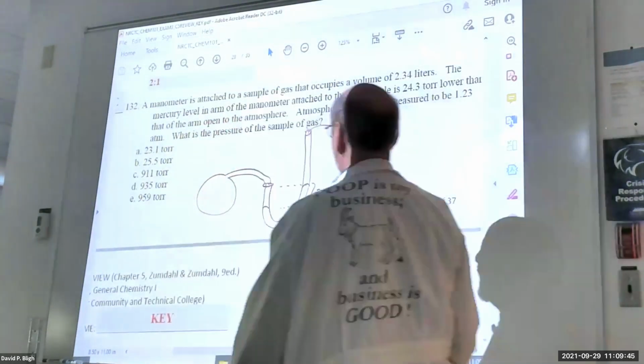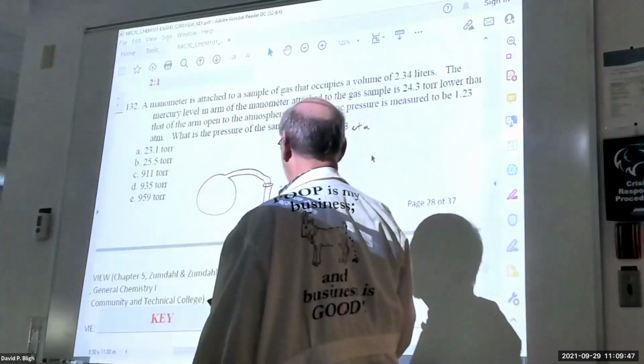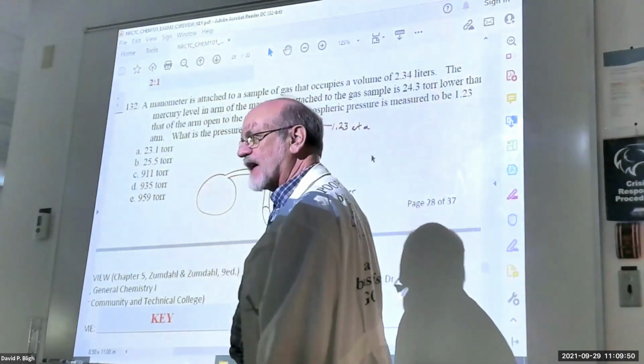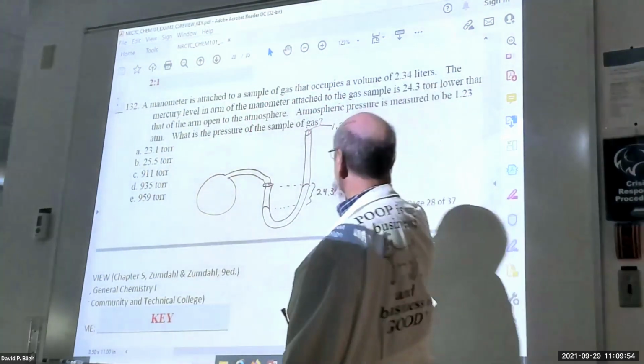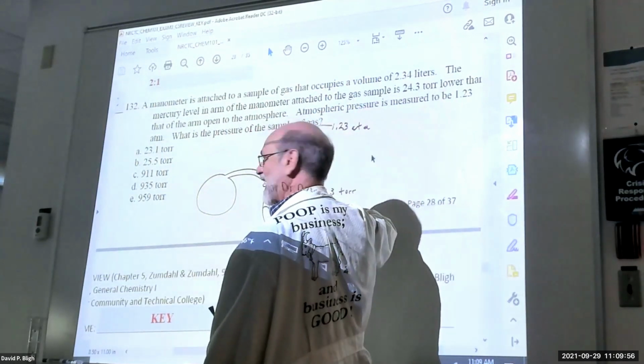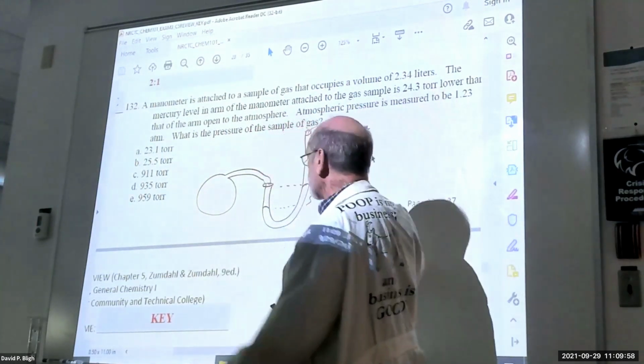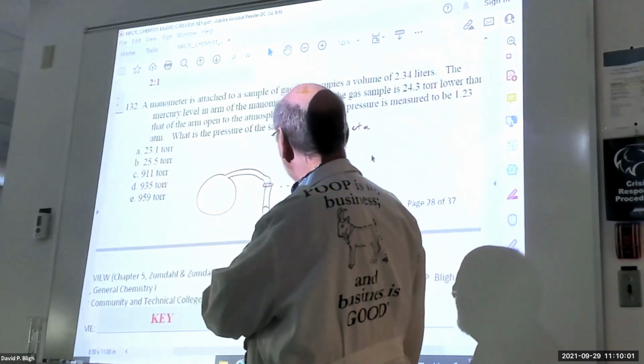Okay, what's the pressure of the sample of the gas? Well, what's the sample of the gas pushing against? Right, it's pushing against this one and that one. So our answers are in torr.